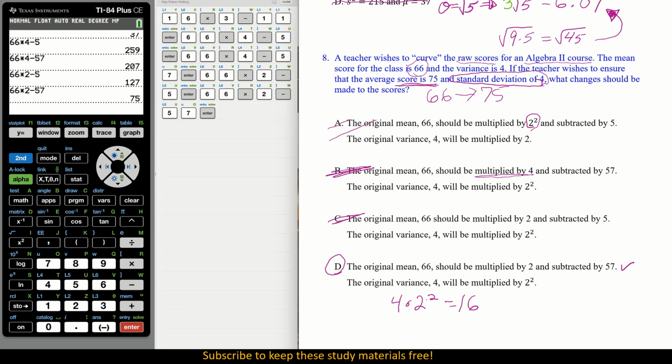And that is equaling the variance. This implies that to get my standard deviation, all I have to do is put 16 under a square root and we come out with a 4.